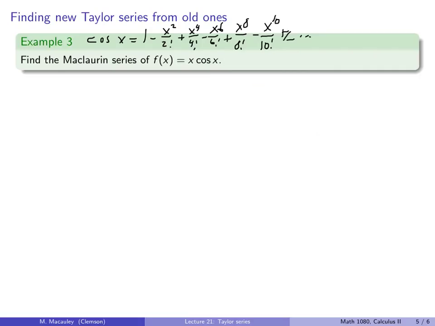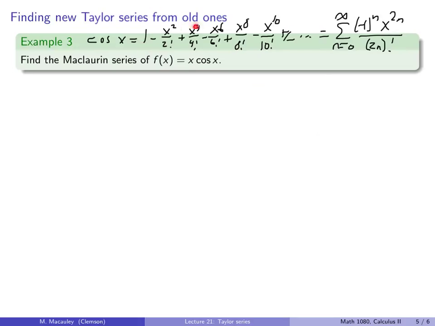And this has a nice closed form, as we saw, the sum from n equals 0 to infinity of (-1)^n x^(2n) over (2n) factorial. Sometimes it's nice to look at a simple closed form like this. It's nice and compact. Other times it's nice to actually look at all the series.